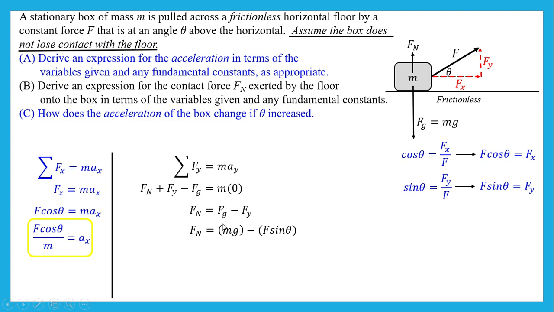Fg is equal to mass times gravity, subtracted from Fy. But if you have been keeping up along, Fy here is F sine theta. So I did this quick substitution so that it's in terms of the variables given to me, which is F and theta. Okay, m is given and g is one of your universal or fundamental constants.